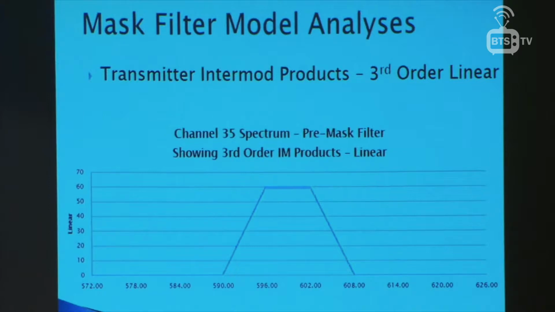So with that as background, here is an example of third-order products in a linear space presentation. This says third order, so it's 2 times one frequency minus the other, total of 3. When I talk about fifth order, that's 3 times one minus 2 times the other. Seventh order, 4 times minus 3 times.